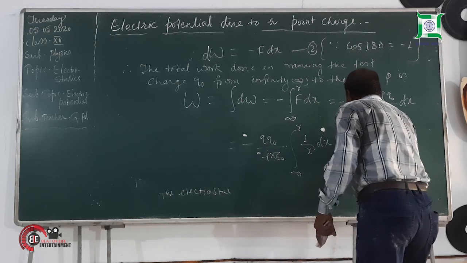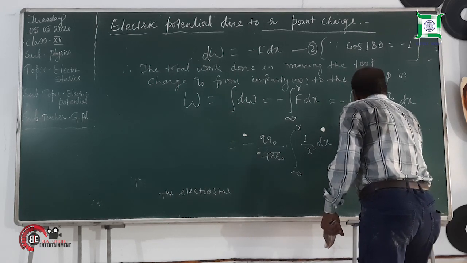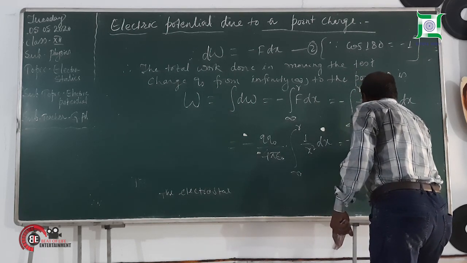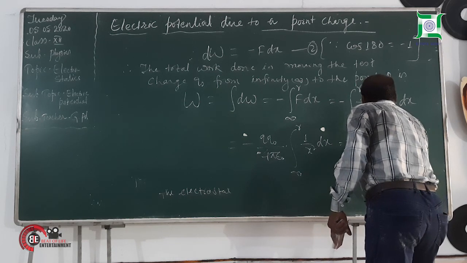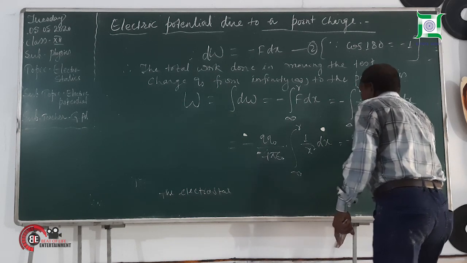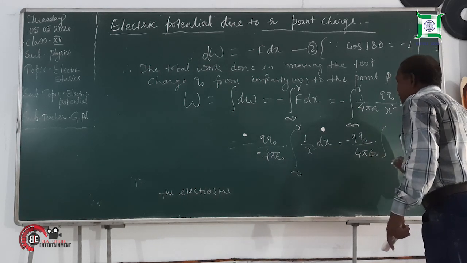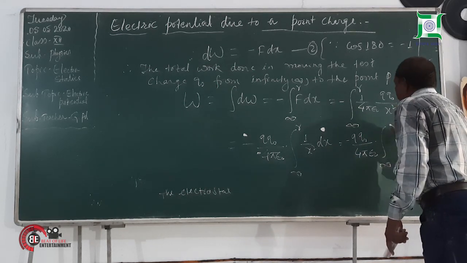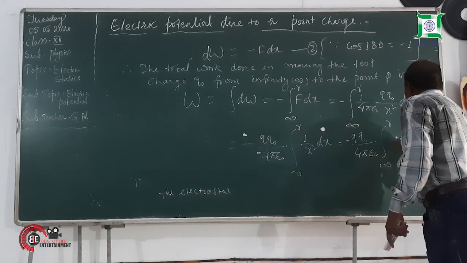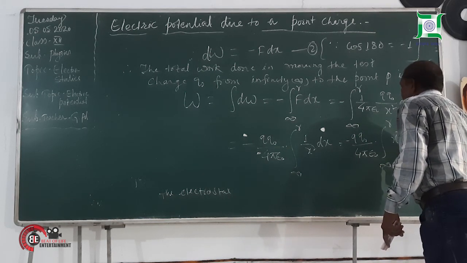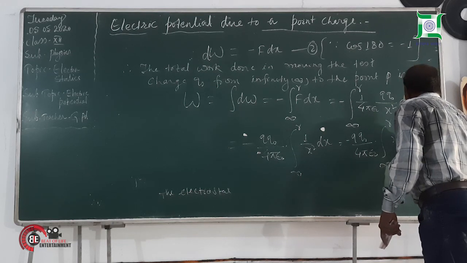This will be equal to minus Q naught upon 4 pi epsilon naught into integration from infinity to r of x to the power minus 2 dx.